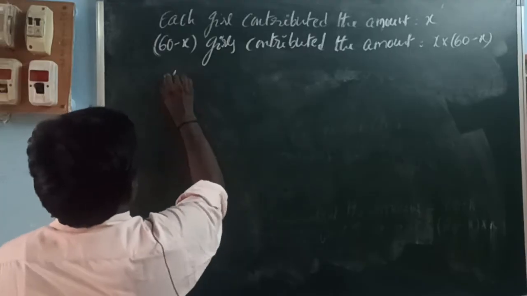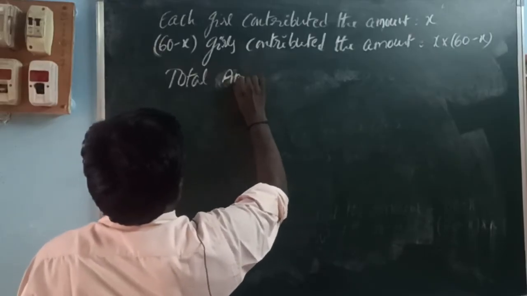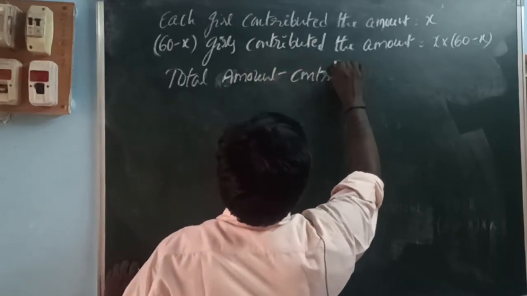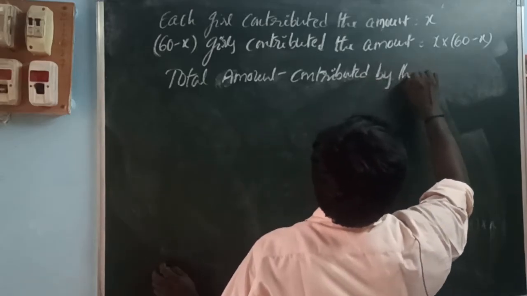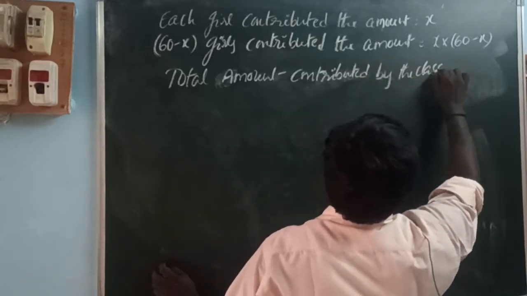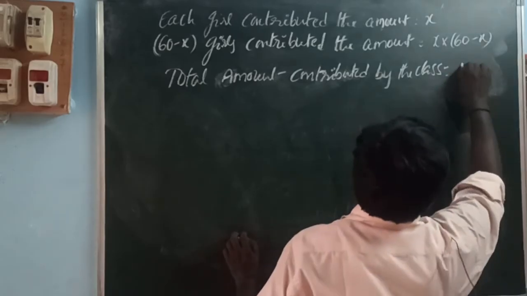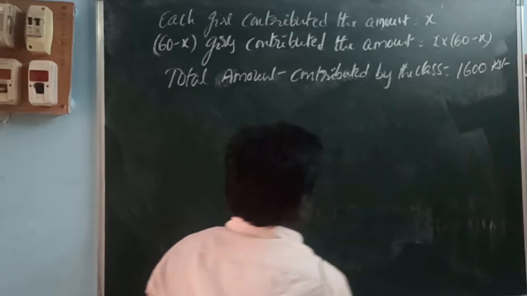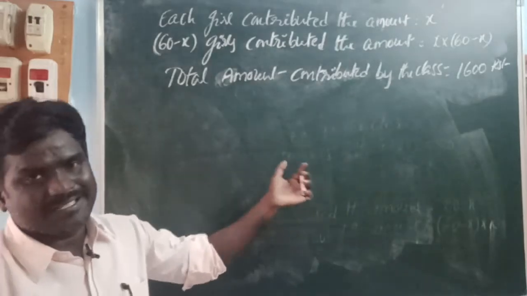So the total amount contributed by the class is 1600 rupees. Who contributed here? Boys and girls.